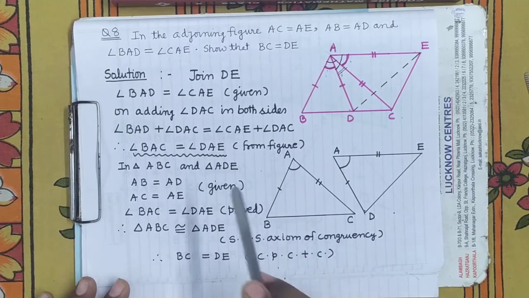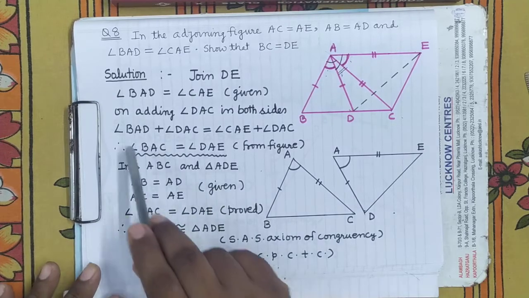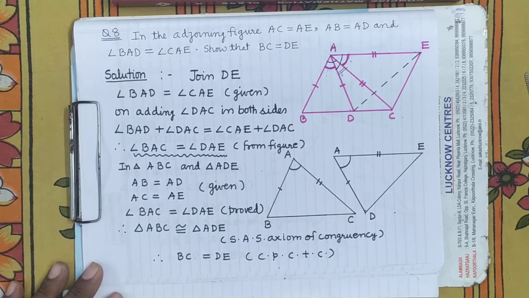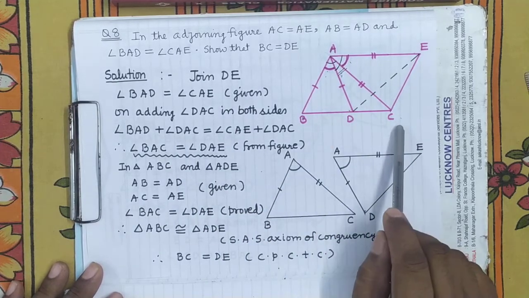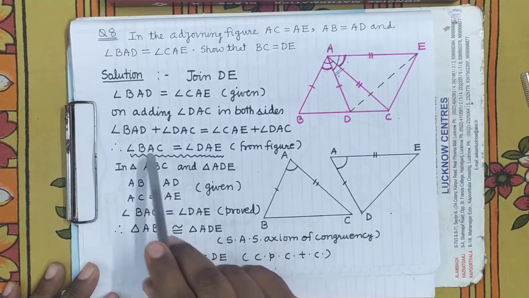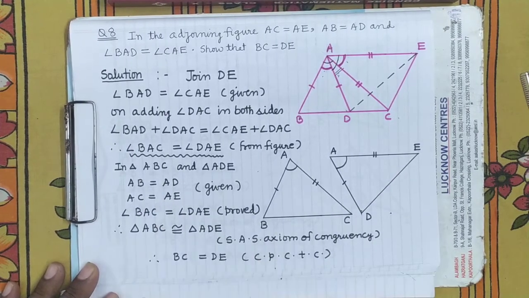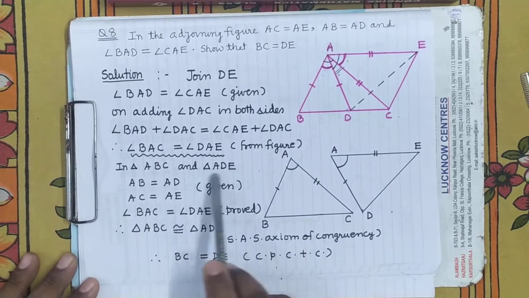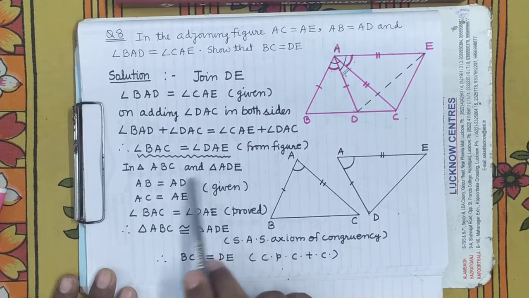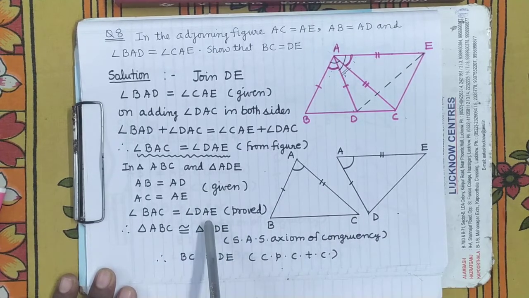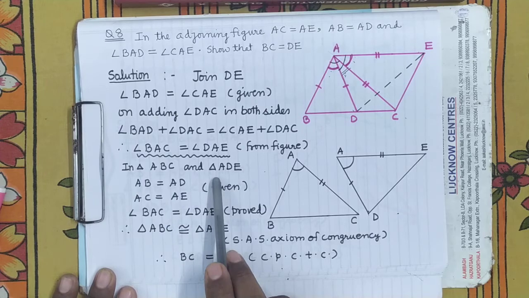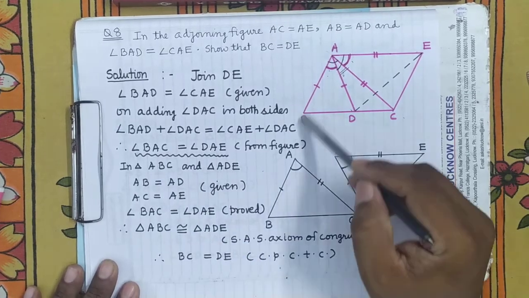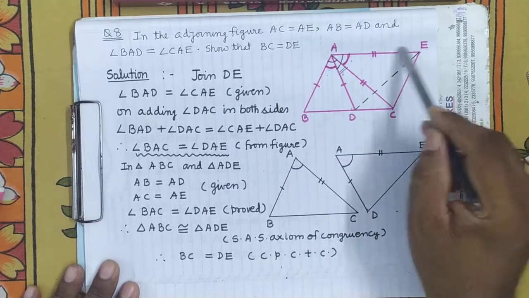So, here we have written: on adding angle DAC on both sides, angle BAC equals angle DAE. Now you write down the triangles which you will prove congruent: triangle ABC and triangle ADE.